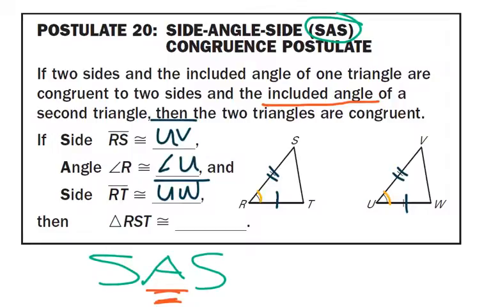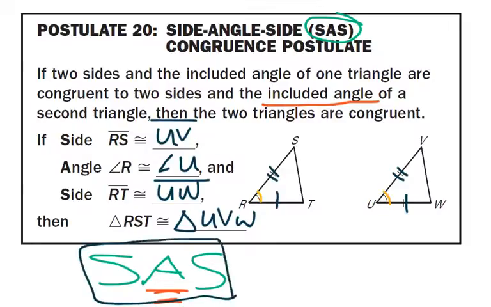Then we can say the triangles are congruent. And again, don't forget to line up your corresponding parts. So triangle RST is congruent to triangle UVW. That is the side angle side congruence postulate, and we'll abbreviate that SAS.